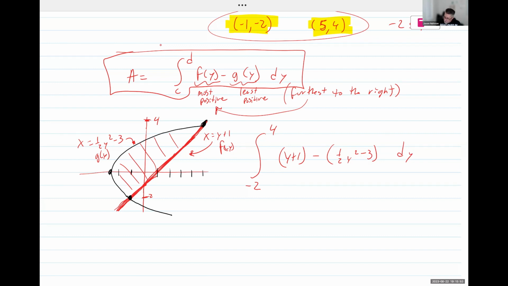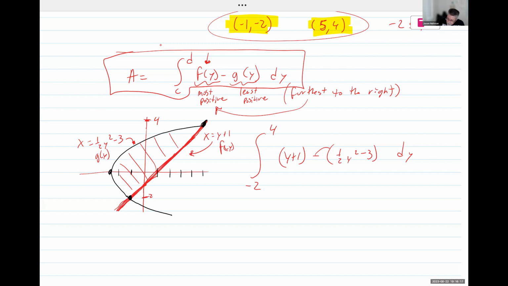Professor, can you explain that one more time, please? Sure. We want the function that's most positive, the biggest value on a number line, right?